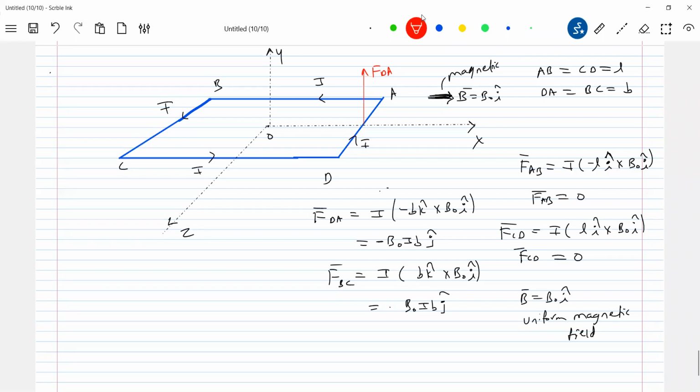FDA is minus B naught I b j cap, so downward. What about FBC? FBC should be upward.